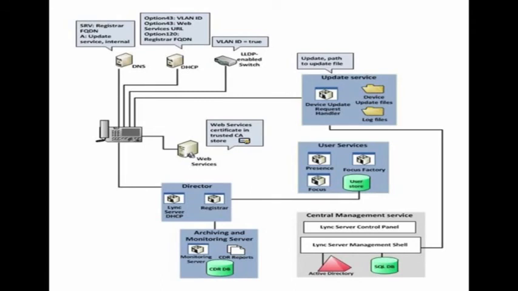When your clients power up and they go out and they hit the DNS server and they obtain the host record with the IP addressing information for where to connect to for device updates, they connect over to the web services using port 443 and they obtain a listing of patches that we've approved for deployment. And then they pull those patches down over port 80 and they install them. So it's a nice way to automate the process of pushing down patches to a lot of these devices.